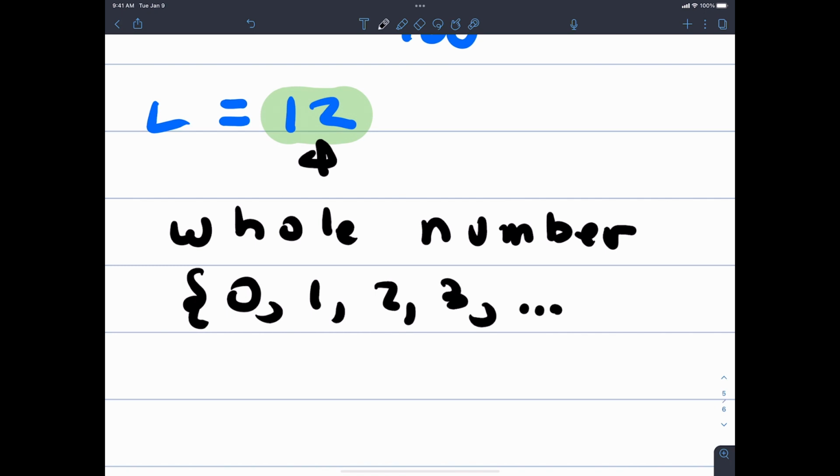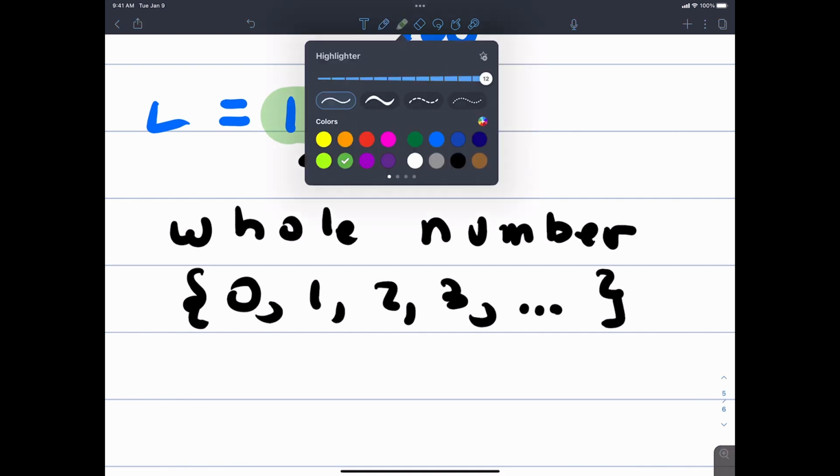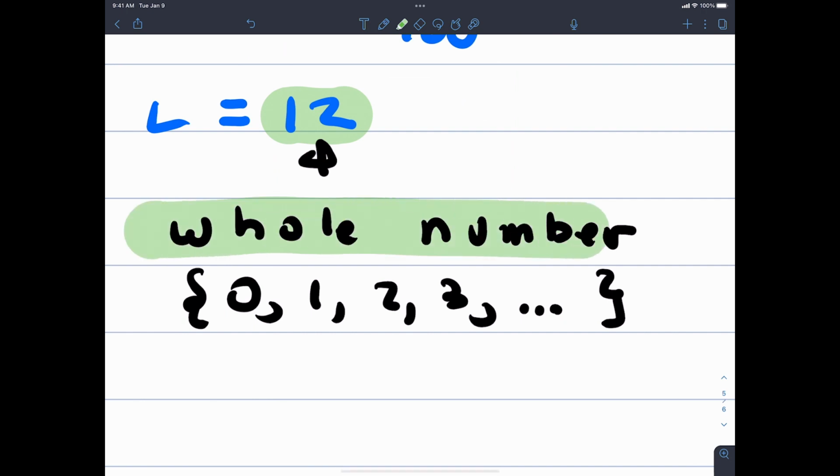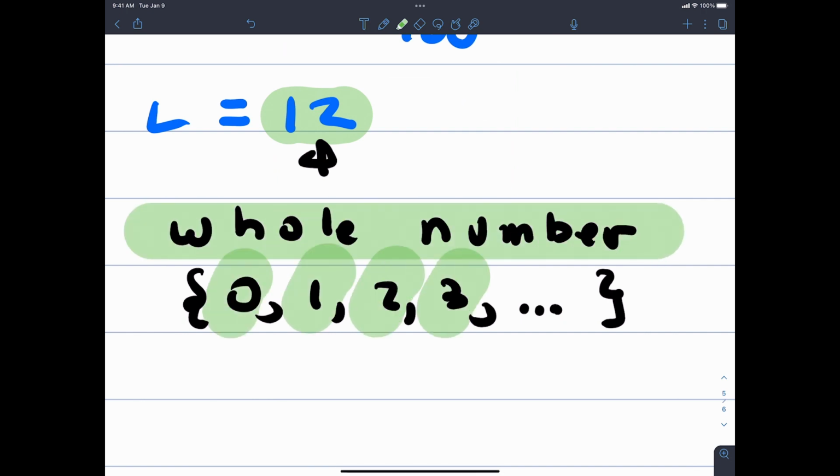The 3 dots say continue the pattern forever. So 12 is on that list. 12 is in fact a whole number. They're not decimals. So like I said, you're going to either get a decimal or a whole number. What you do to get the answer is different. It's a different recipe, slightly different.